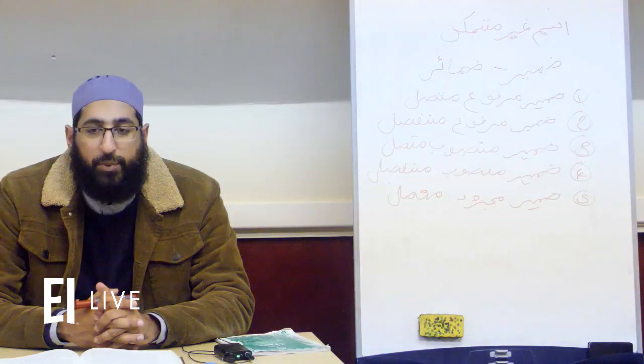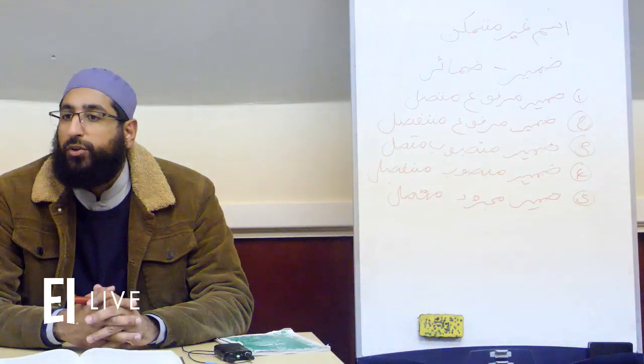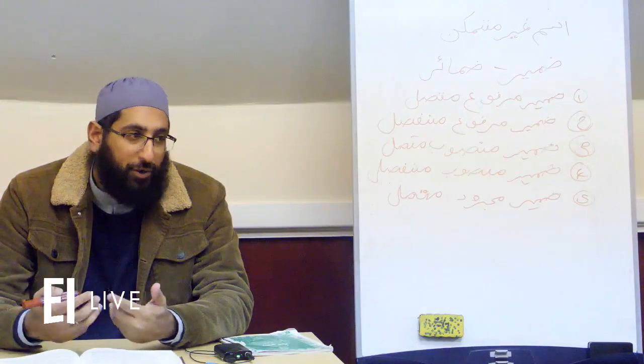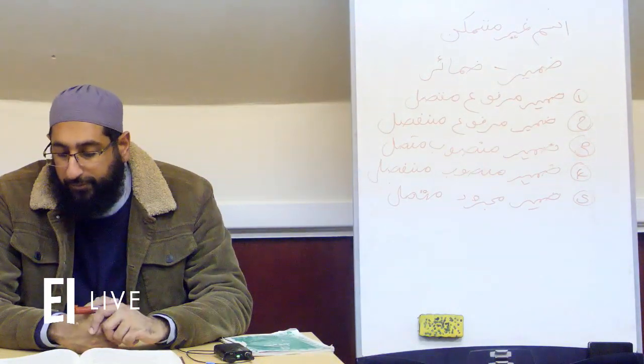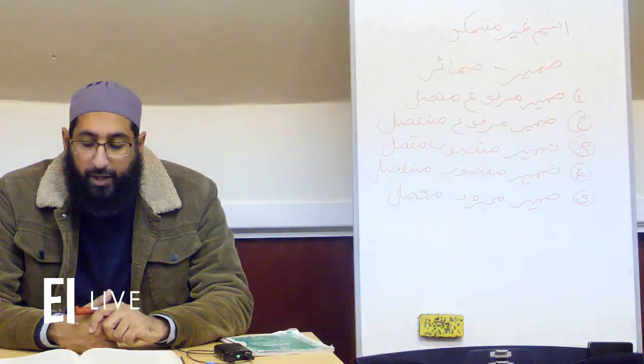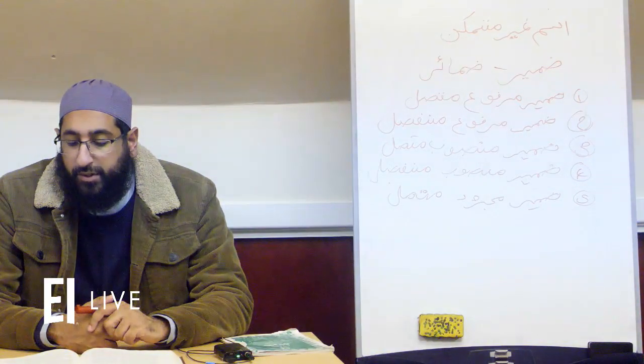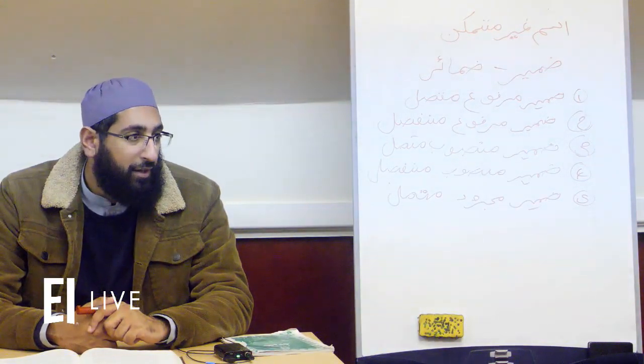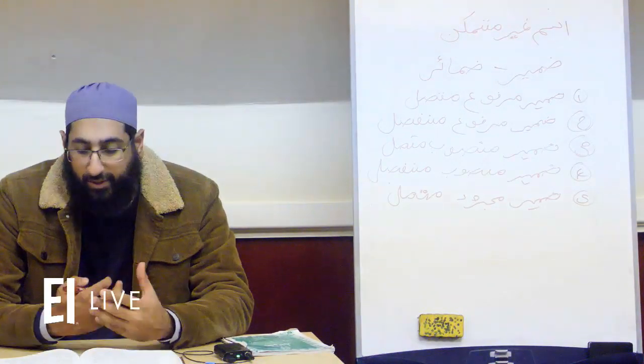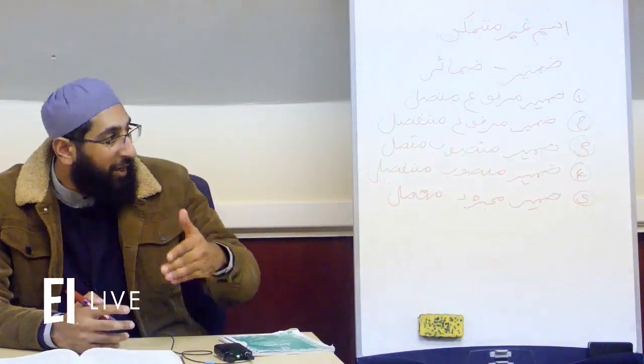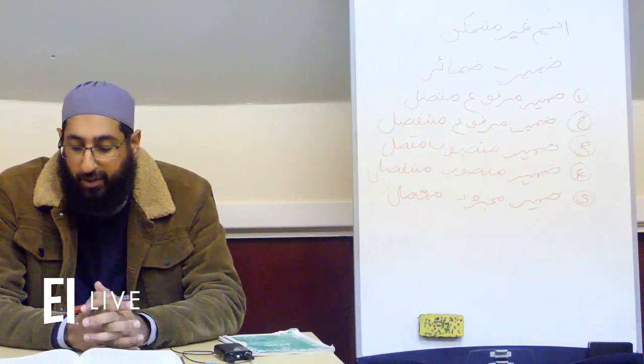And certain people then said, if only you told us stories of previous prophets or previous nations. Therefore, the words "Nahnu naqussu alayka ahsanal qasasi" were revealed, to say that now we're relating the story to you.